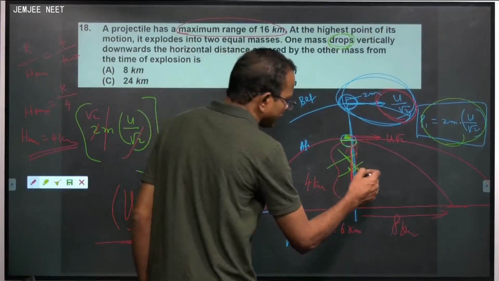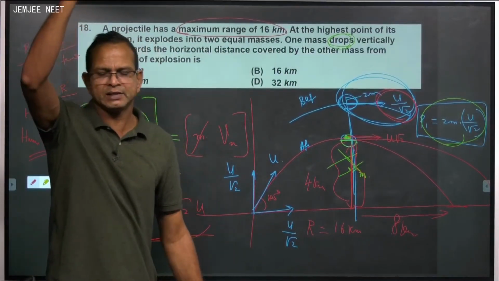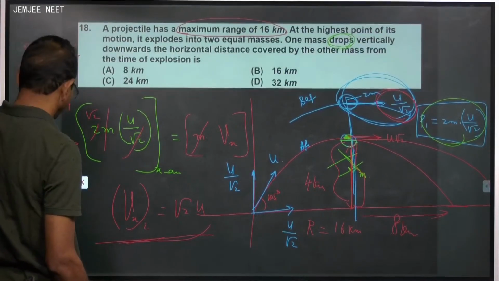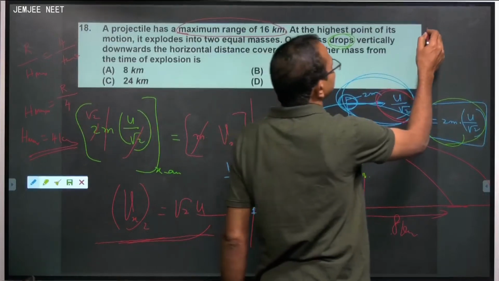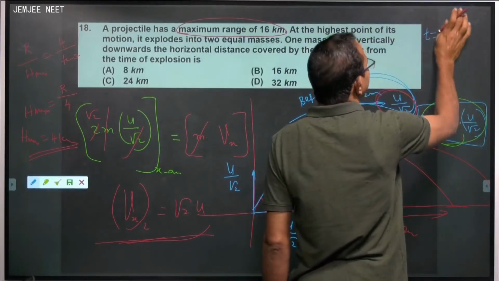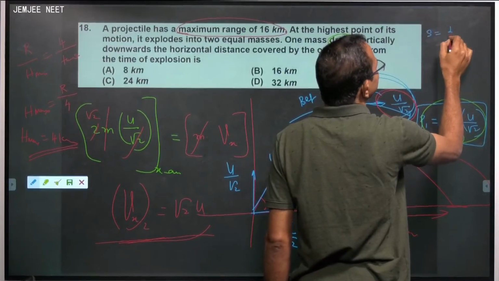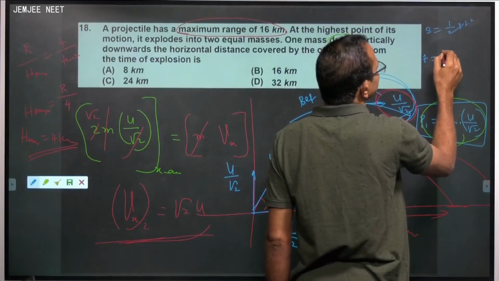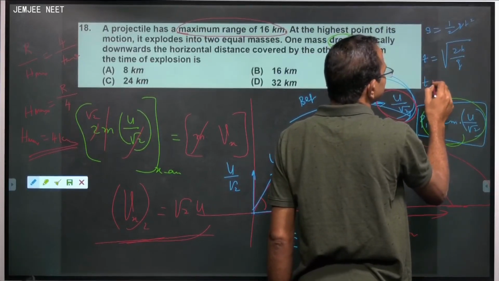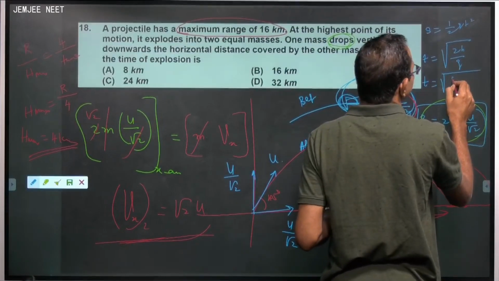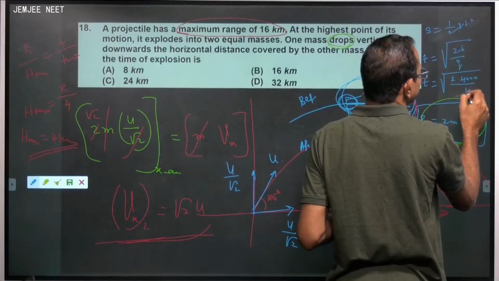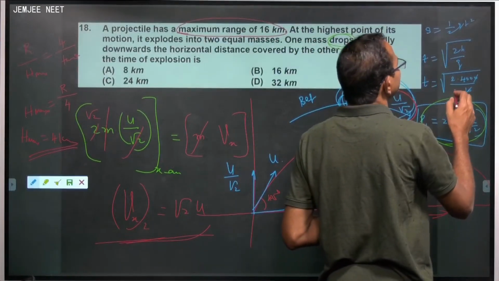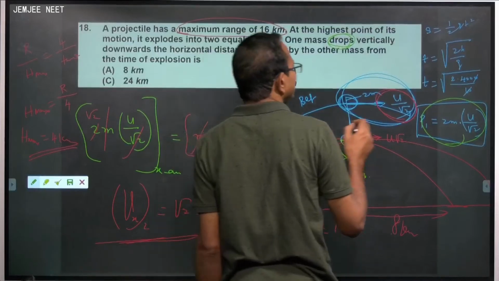Now let's find out. What's the time taken? It has to fall 4 km, like a ball dropped from the sky. Time taken is given by S equal to ut plus half g t square, so S equal to half g t square. t equals square root of 2h by g. What is h? 4 kilometers. 2 into 4000 by 10 gives 20 root 2.